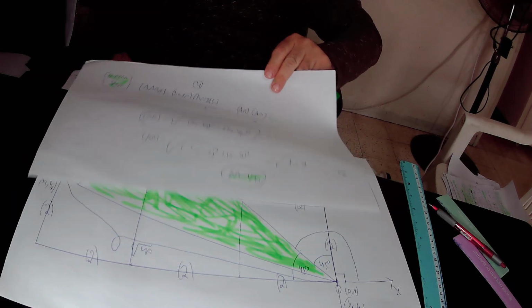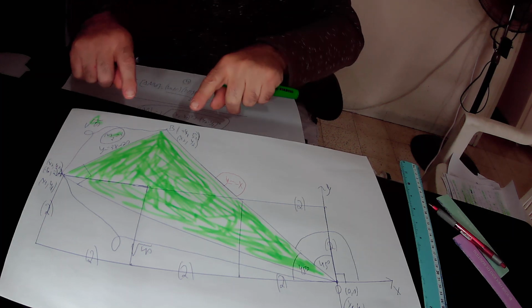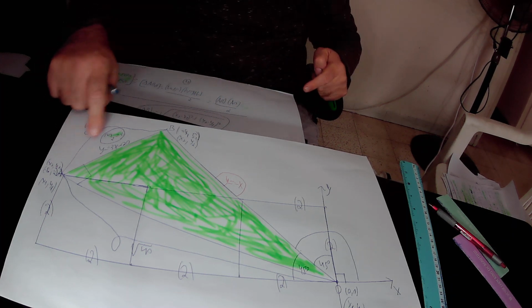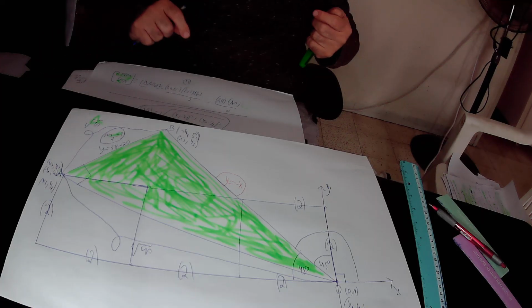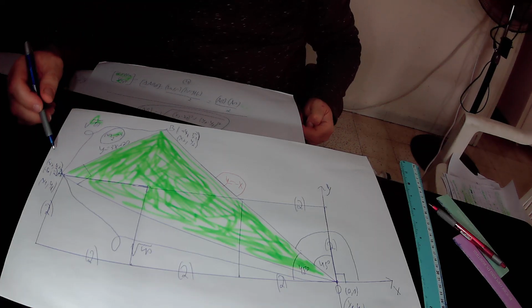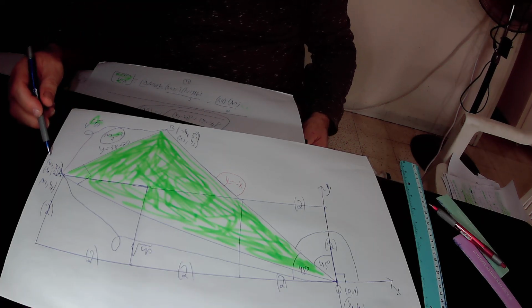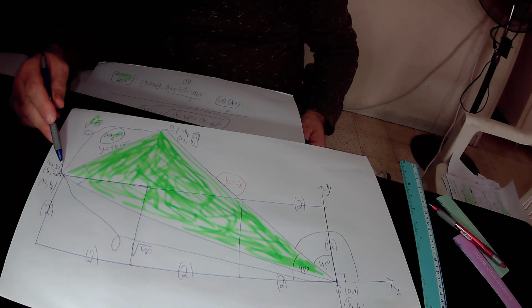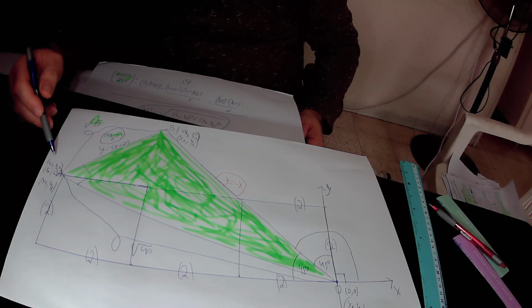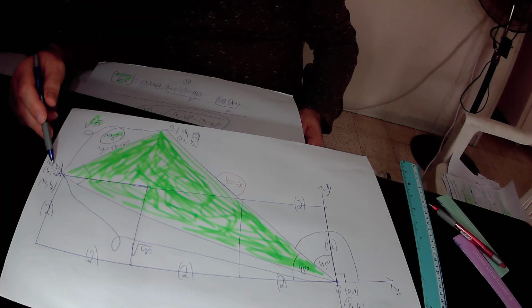So we have to find out the distance between points A and B, that is the length of side AB, that is the base. We defined the coordinates of point A: the coordinate x is x2, and we know that x2 equals minus 6. Likewise, we define the coordinate y of point A as y2, and we know that y2 equals 2.